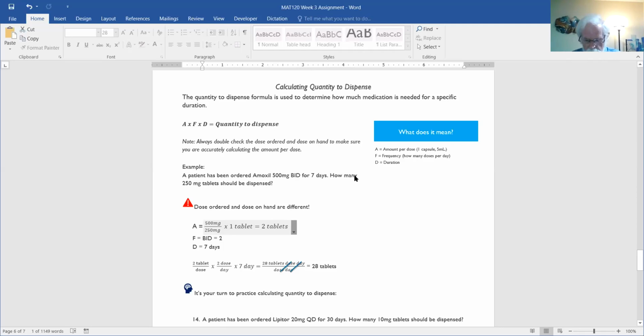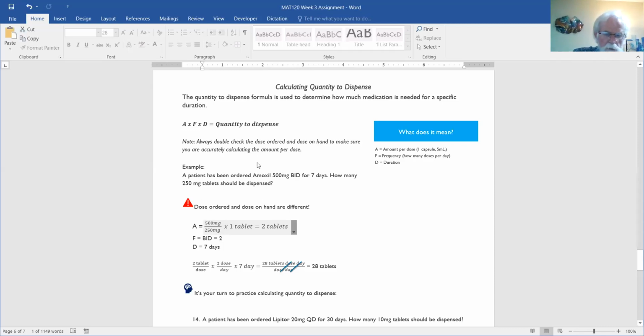Every prescription will have that. Even prescriptions for chronically taken drugs where you get a 90-day supply, they'll always be specifying either 90 days worth of drug or they will have calculated the number of units.